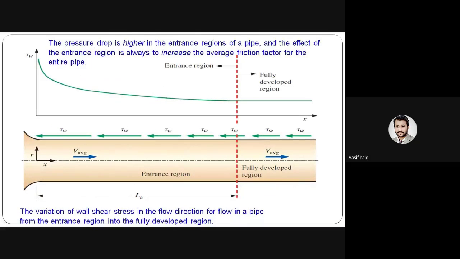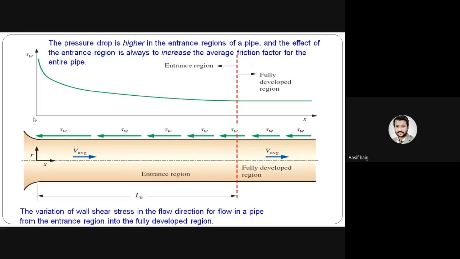Now from this figure, we can see that the pressure drop is higher in the entrance region of the pipe, and the effect of the entrance region is always to increase the average friction factor for the entire pipe.